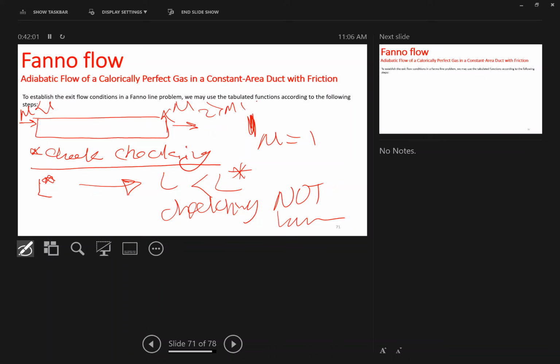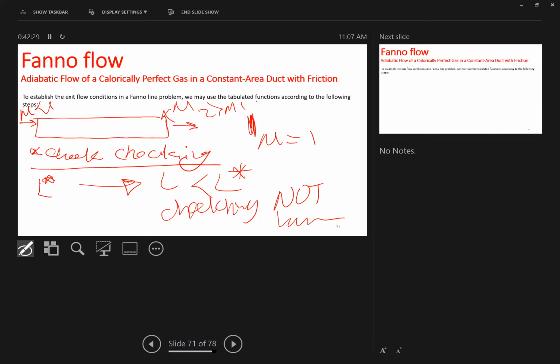Use the ratios we already have to find the Mach number at the new inlet, which is the outlet for the previous case, and all the other parameters. Does it make sense? Is this clear? You see, so it is a pretty simple solution. It may be a little hard to conceptualize though, right?